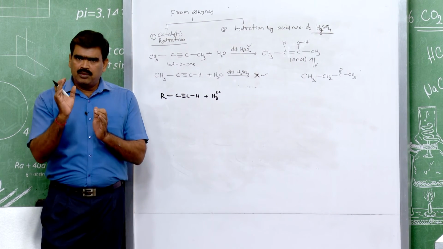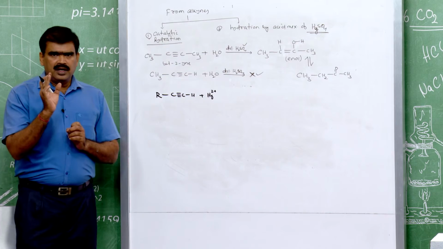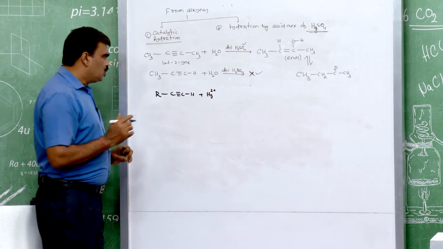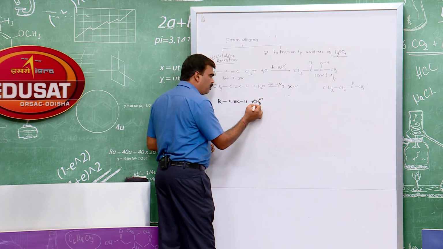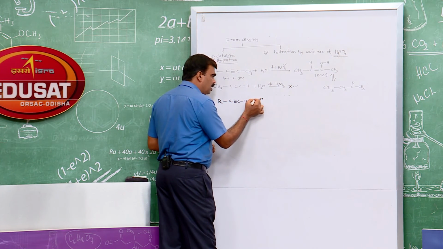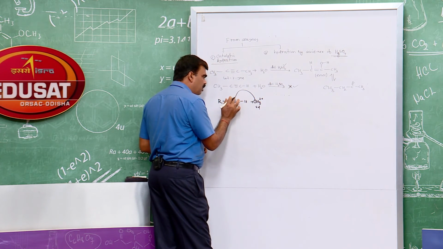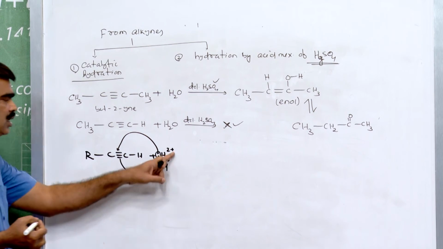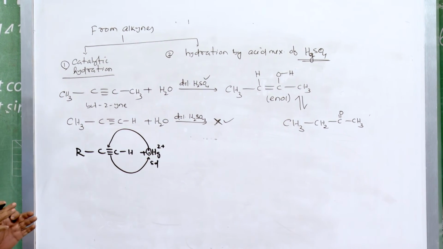So zinc, cadmium, mercury, all of these metals, their d orbitals are fully filled, and it has double positive charge. So it donates its electron pair from 5d orbital. Okay, it donates the electron pair to this carbon or any carbon, and then takes away 2 electrons to itself, because its 6s orbital is vacant.